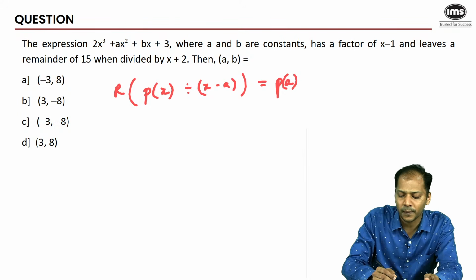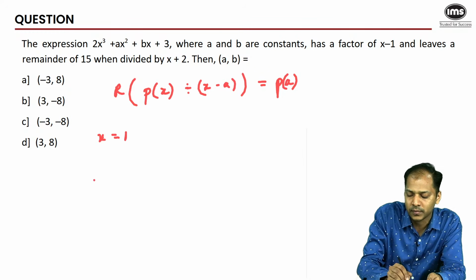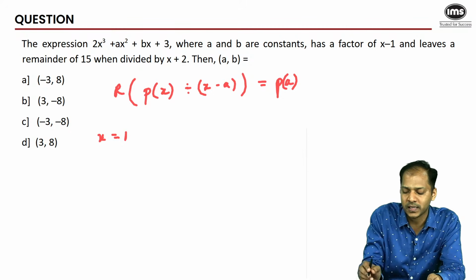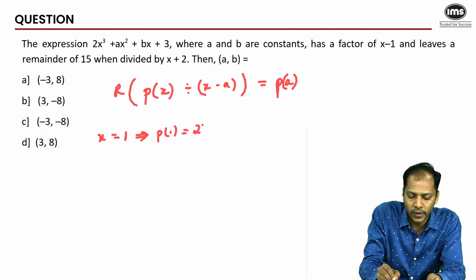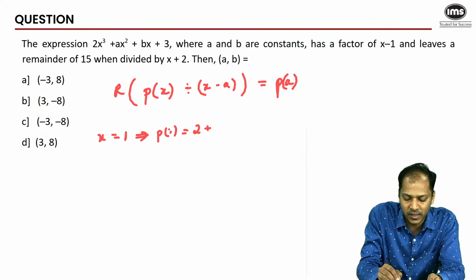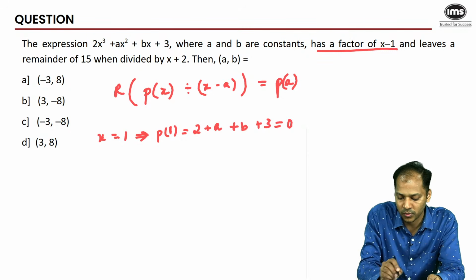Alright, let's quickly check. For x minus 1, I'll substitute x equal to 1. So x minus 1 equal to 0, x equal to 1. So when x is equal to 1, p of 1 would be equal to 2 into 1 cube, that is 2, plus 1 into 1 square is 1 into a, so a, plus b into 1, that is b, plus 3, and this has a factor, this means the remainder is 0, so equal to 0.